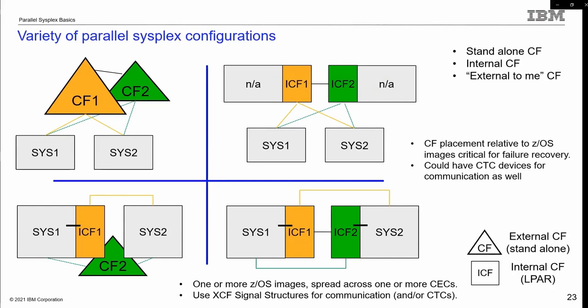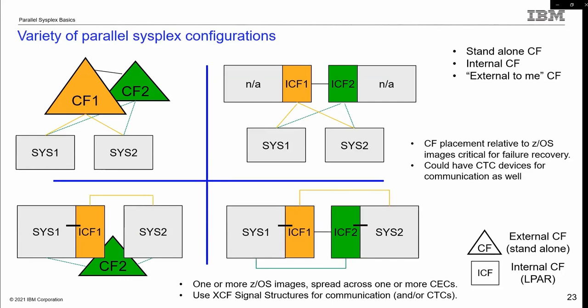So you're losing multiple entities in the Sysplex when one piece of hardware goes down. In the upper right-hand corner, we see, again, 4 different CPCs, but this time, instead of having standalone coupling facilities, those coupling facilities reside on CPCs which contain other LPARs.